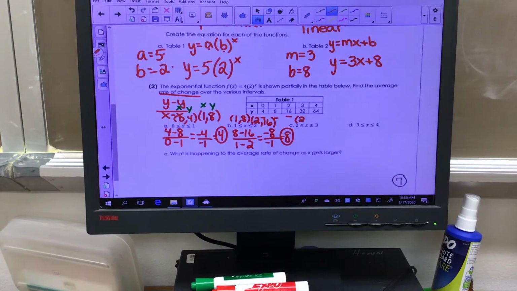2 is 16, and 3 is 32. 16 minus 32 over 2 minus 3. Negative 16 over negative 1 is 16.